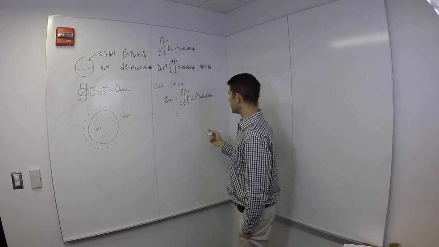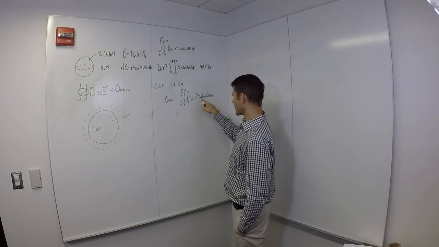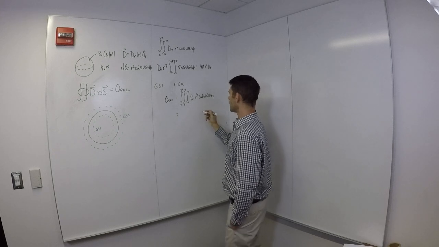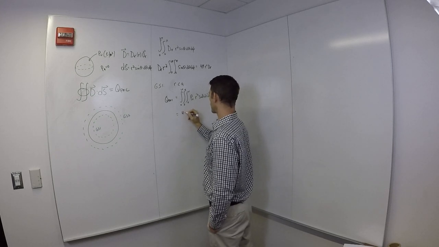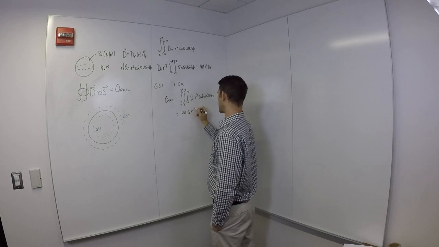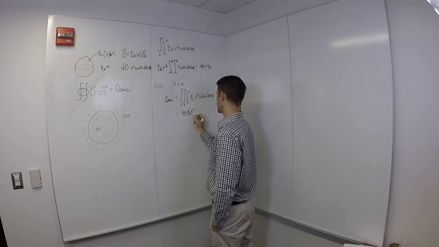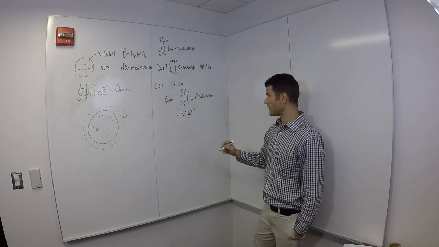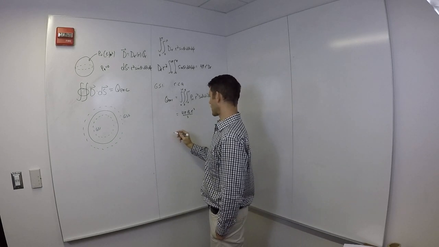When we do that, where we integrate sine, we're going to get 2. We integrate d phi, we're going to get 2 pi. So what we're going to get here is 4 pi rho v r cubed all over 3. Then we can set the left and right hand side equal to each other.